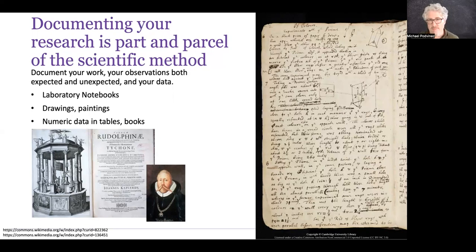Data was recorded maybe not as microscopy data, but as drawings or paintings, and calculations did not result in files and data sets, but maybe in books with tables like Tycho Brahe, who you can see down there, who observed the planets. So in a way, documenting your research is nothing new.